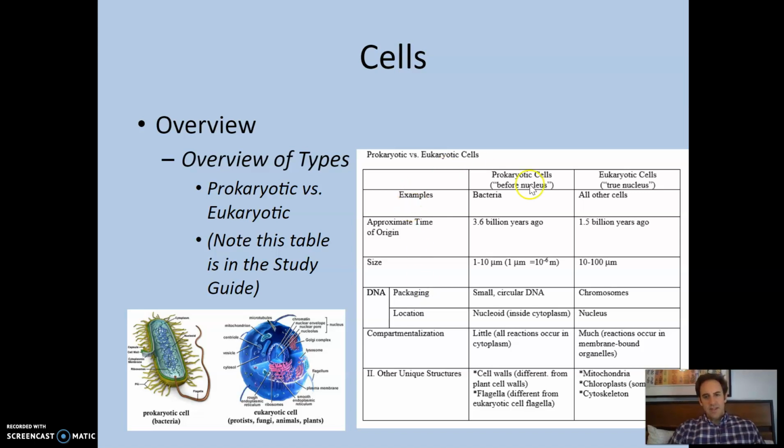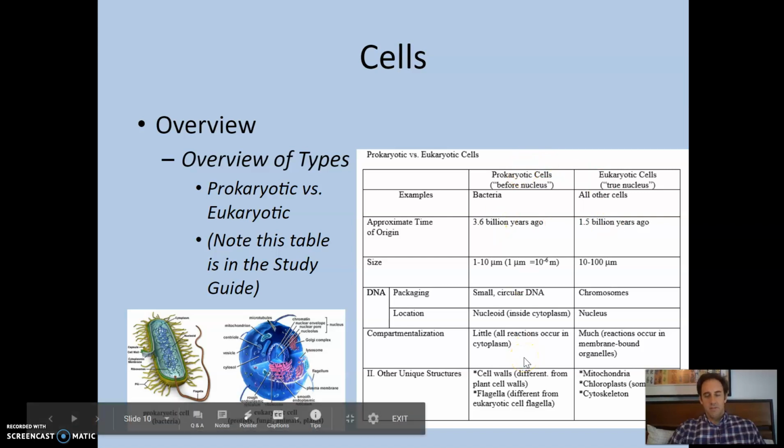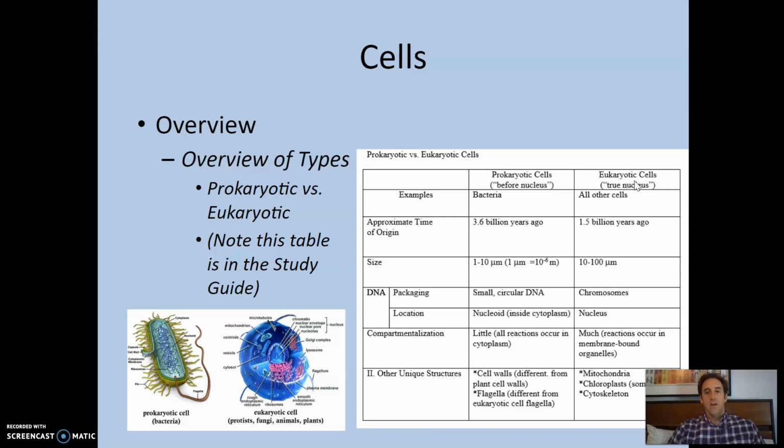This table, I think it's worth looking at and maybe even writing some of this down. It's a little detailed, but there are two categories of cells, prokaryotic and eukaryotic, that we're going to talk about in more detail later. The key points: prokaryotic cells, that means before nucleus. They do not have a nucleus.